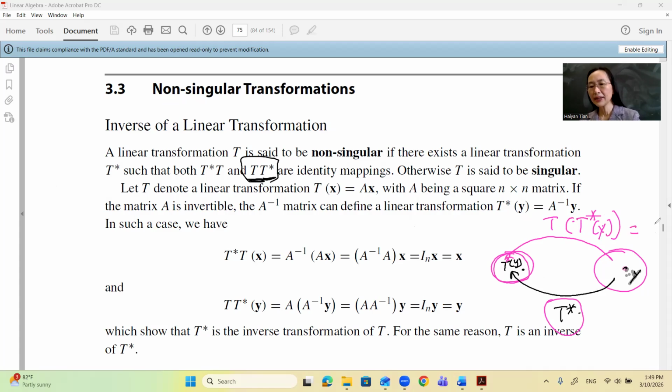We get Y. We get this Y back. So that means this T and T star, no matter in what order. So right now we're showing T T star is an identity mapping.